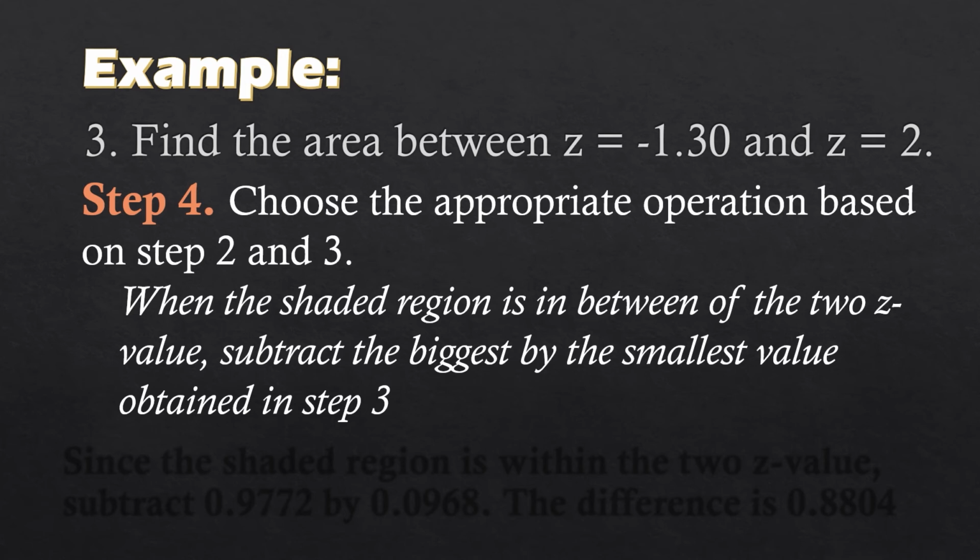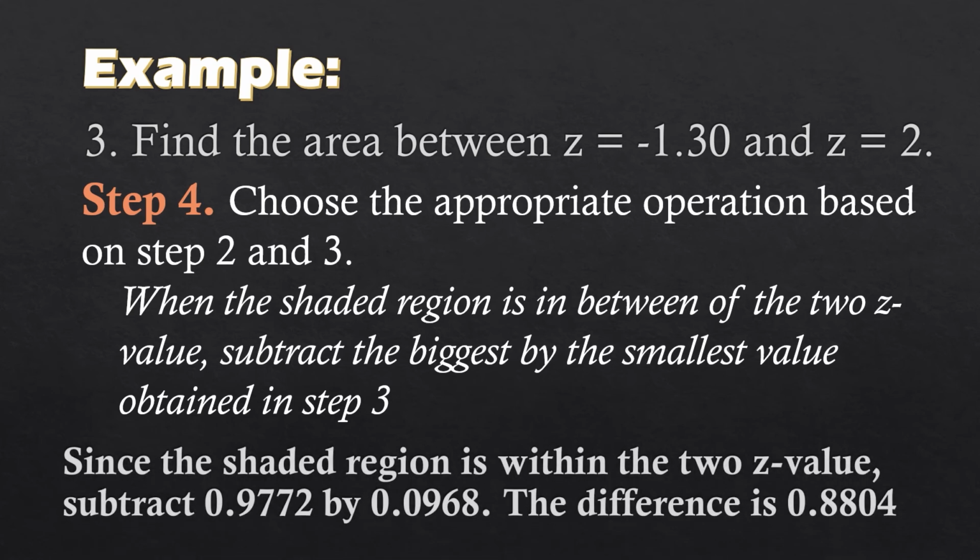Since the shaded region is between the two z values, negative 1.3 and positive 2, and their areas respectively are 0.9772 and 0.0968, we just need to subtract 0.9772 by 0.0968, and the difference is equal to 0.8804.